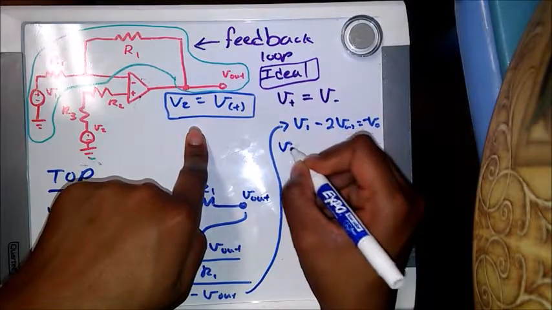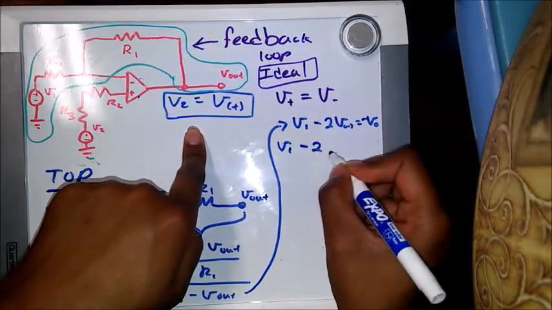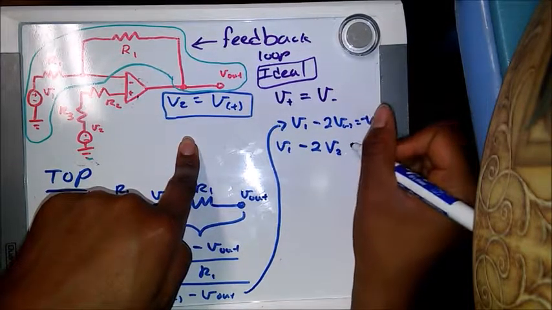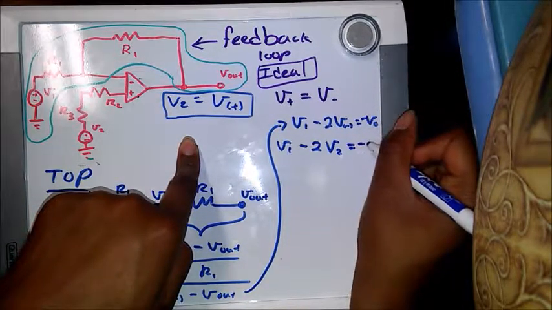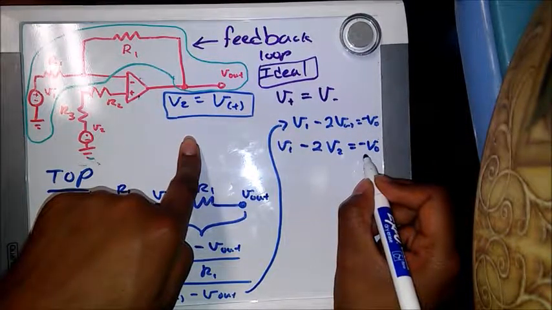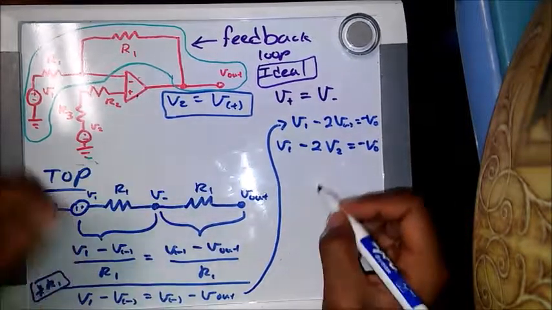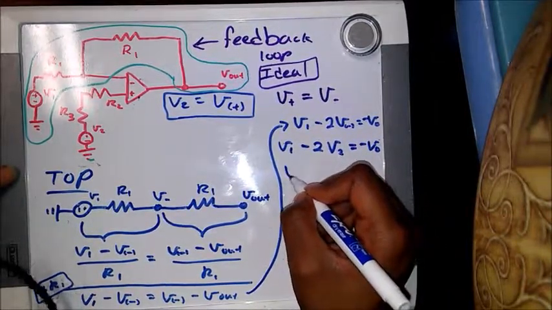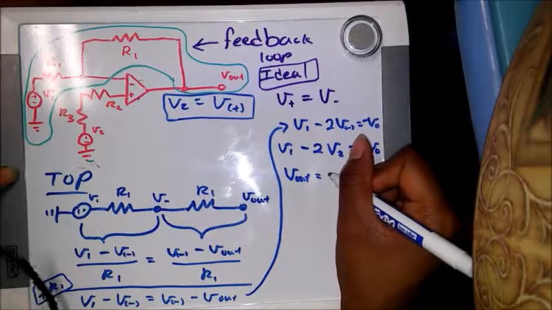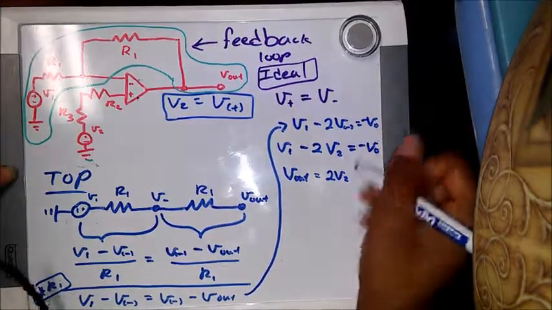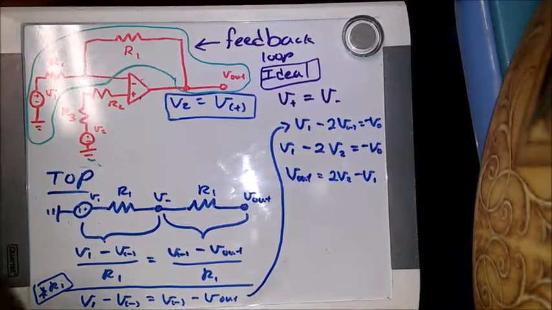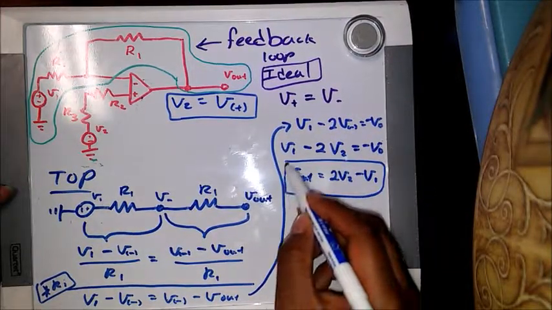So V1 minus 2V2 is going to be equal to negative V out. And then we want positive V out, so we're going to just flip the signs on everything. So V out is going to equal 2V2 minus V1. And that is it. That is our answer.